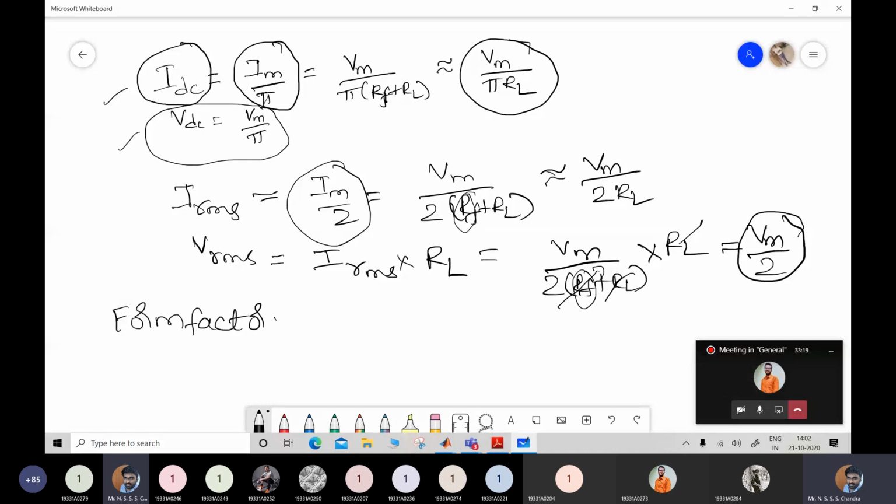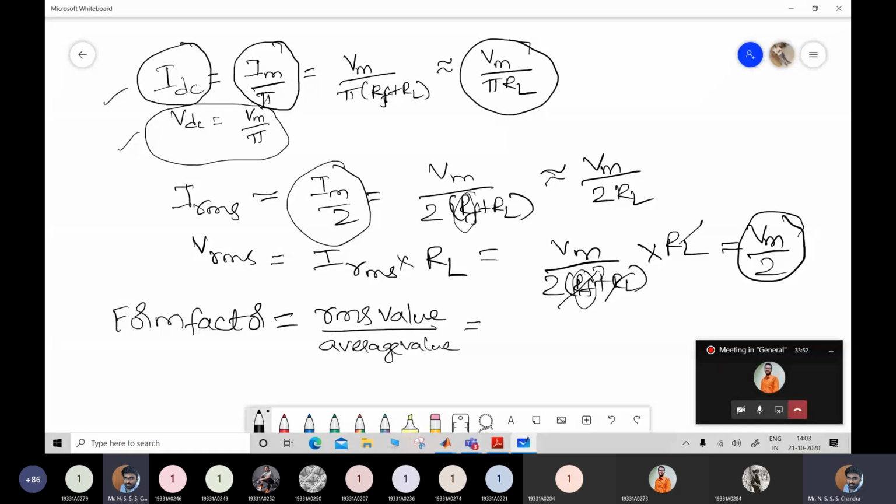Now you have to find the form factor for the half-wave rectified output value. So you take out your notebook and find out the value of this form factor. Tell me the value, accurate to 2 decimals.